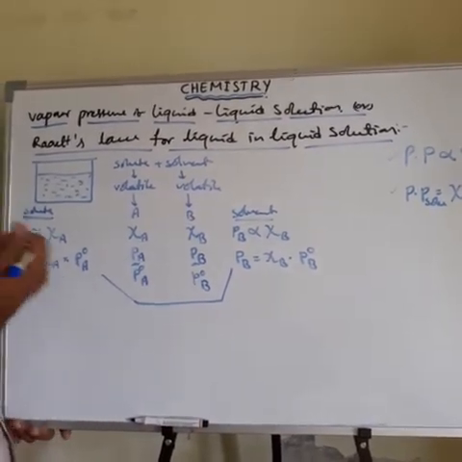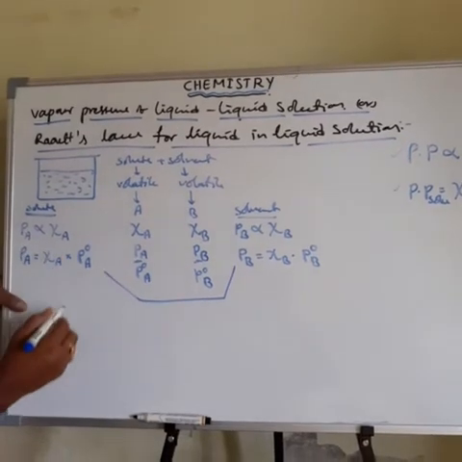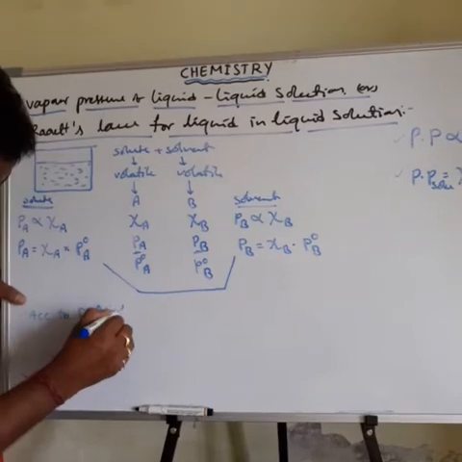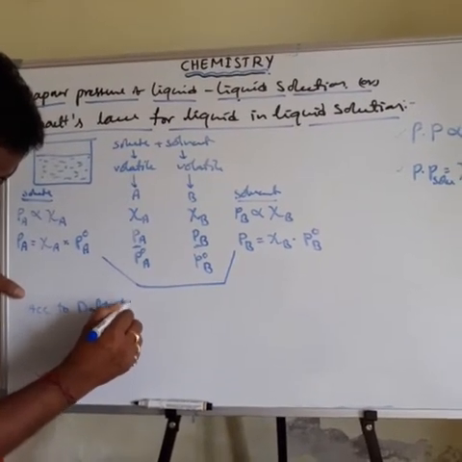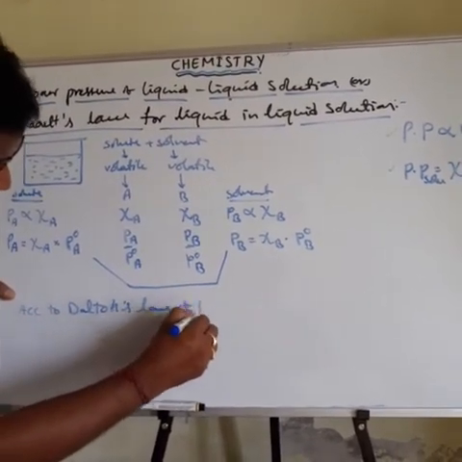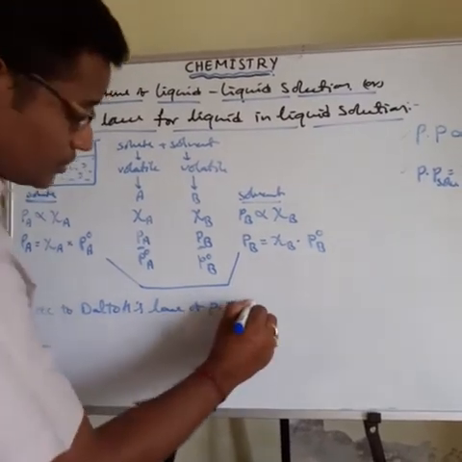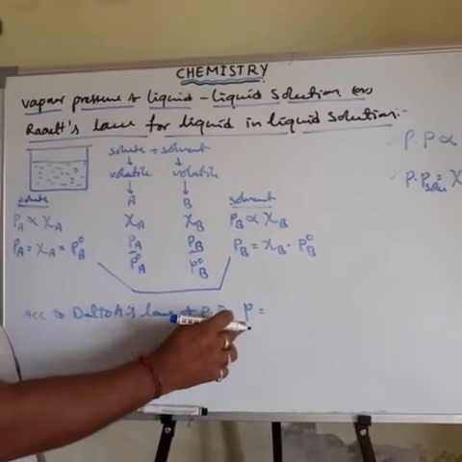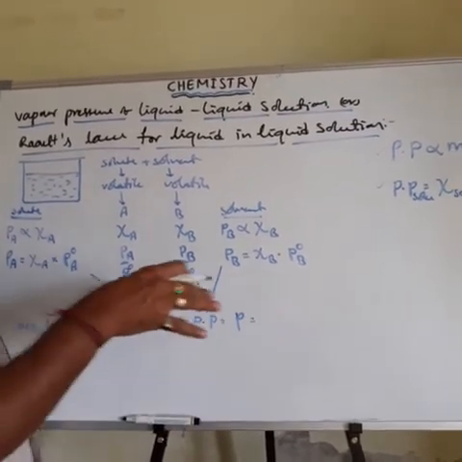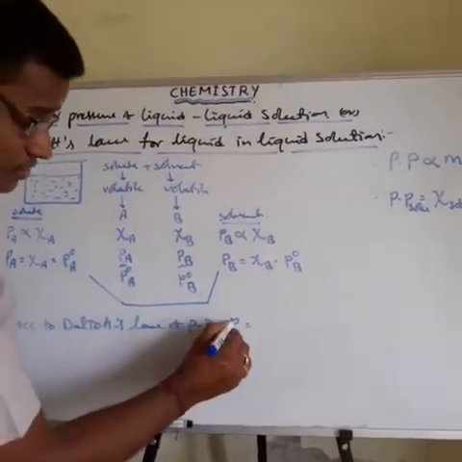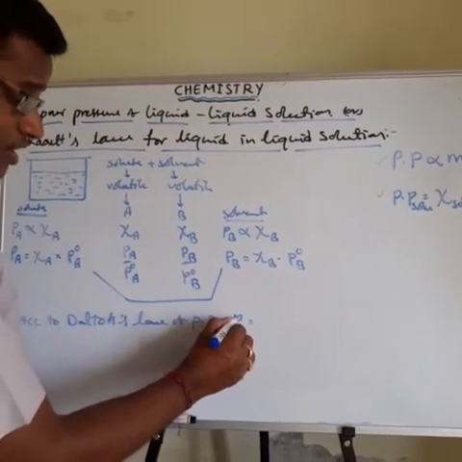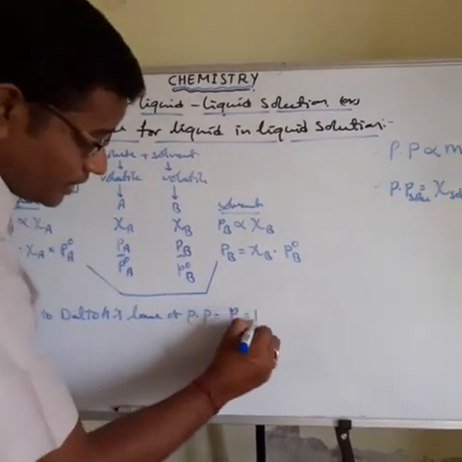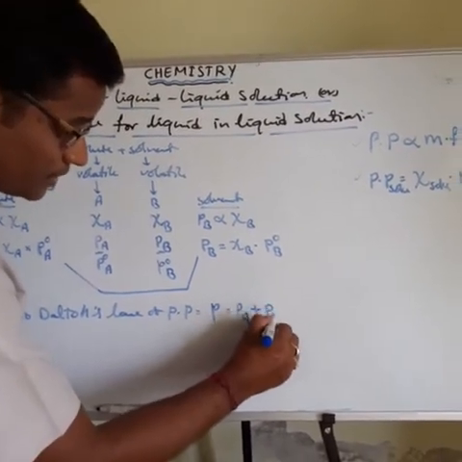According to Dalton's law of partial pressure, the total pressure P of the solution is equal to the sum of the partial pressures of all components. How many components? Solute and solvent. Their sum means PA plus PB.